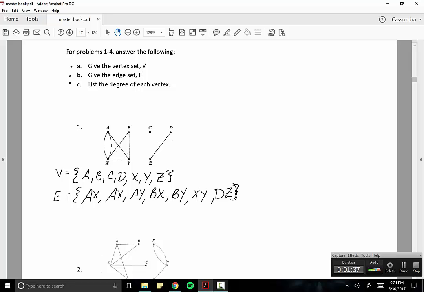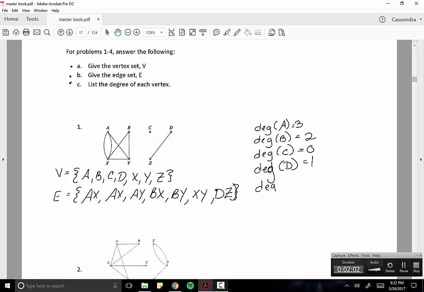So list the degree of each vertex. The degree of A is 3 because there's 3 edges coming out of that. The degree of B is 2. The degree of C is 0 because there's no edges coming out of it. The degree of D is 1.